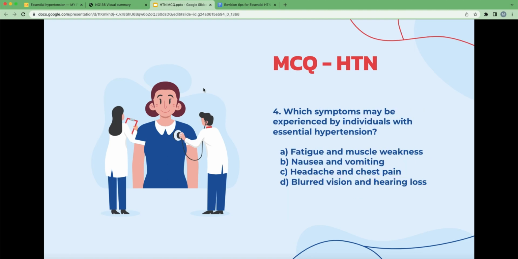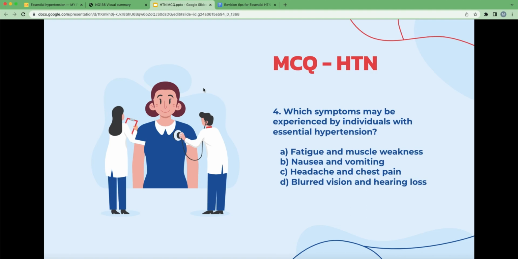Number 4. Which symptoms may be experienced by an individual with essential hypertension? A, fatigue and muscle weakness. B, nausea and vomiting. C, headache and chest pain. D, blurred vision and hearing loss.